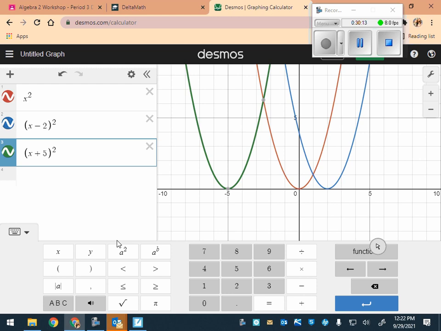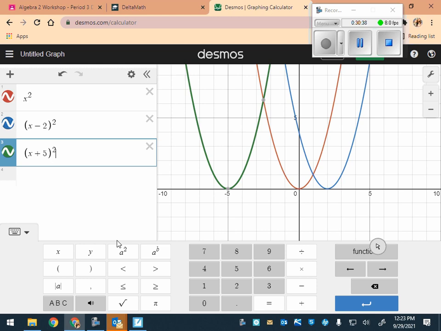Because if I was to set whatever inside the parentheses equal to 0, is my h positive or negative? If I had x minus h equals 0. That's why it moves to the right.